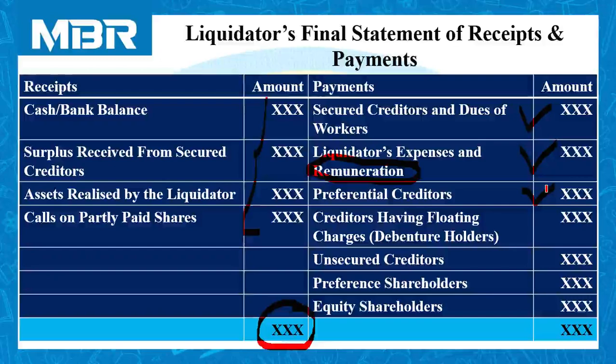But as per the provisions of Companies Act 2013, a few creditors are referred to as preferential creditors, and we have to pay them in priority before paying any sum to unsecured creditors or creditors having floating charges or shareholders. So as per the rules and regulations, they are covered under the definition of preferential creditors.